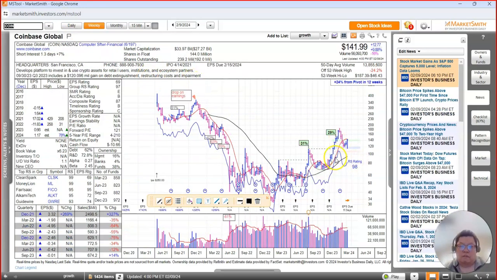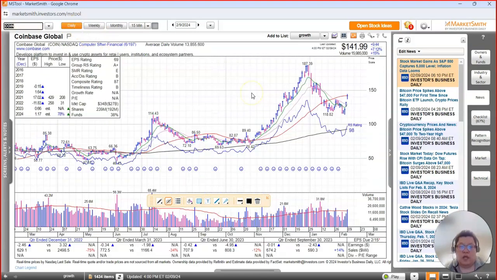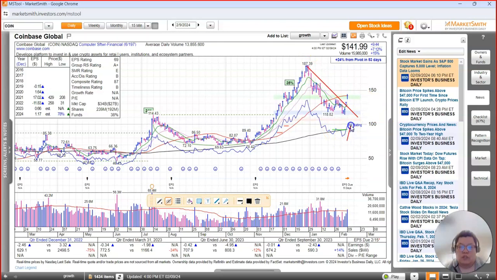So Coin is starting to bounce right now, just like all the crypto stocks, and looks really good. Broke this downtrend line. Relative strength jumped this week, really strong. It's moving really fast in 3 days. We are at the 50-day, so it closed exactly at the 50-day. So we'll see where this goes.